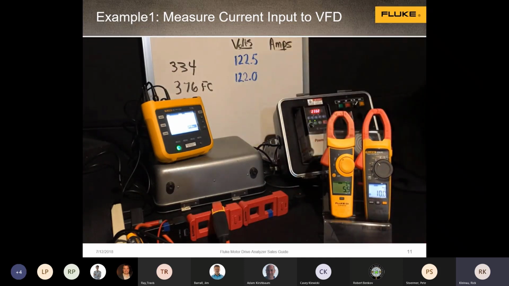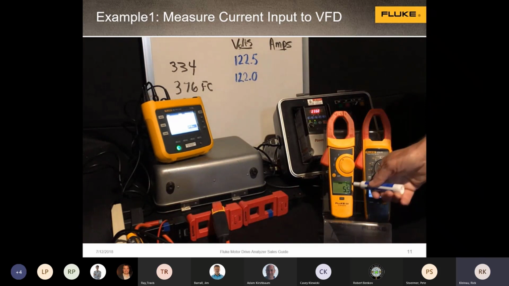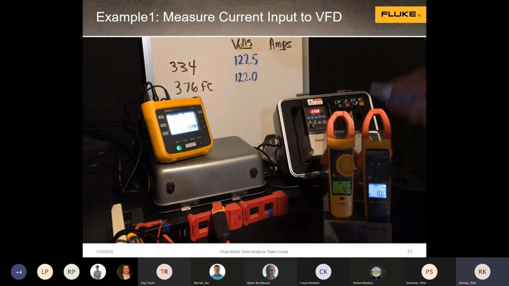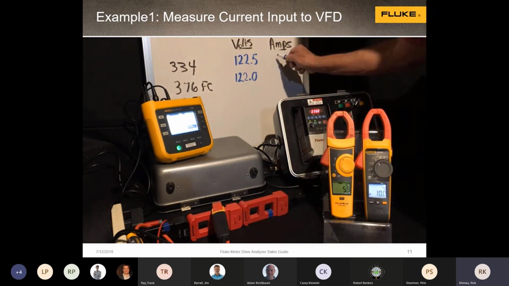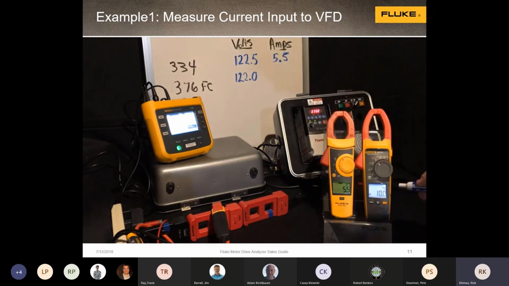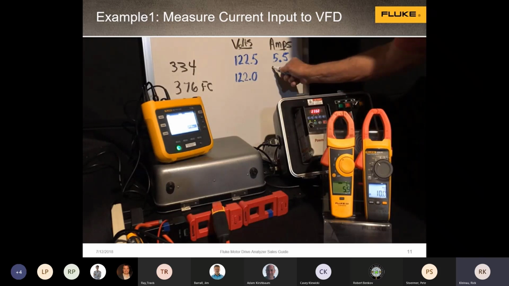It beeps when it's in the hold mode. I think you can see both readings now, readings off both instruments. The 334 has 5.5 amps. And the 376 FC has 10.0 amps.